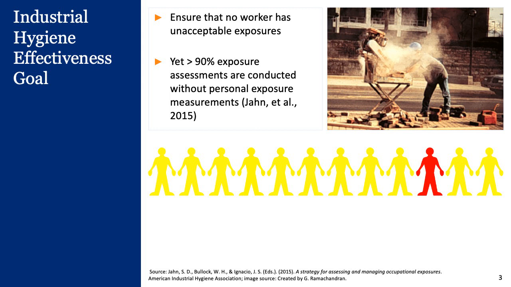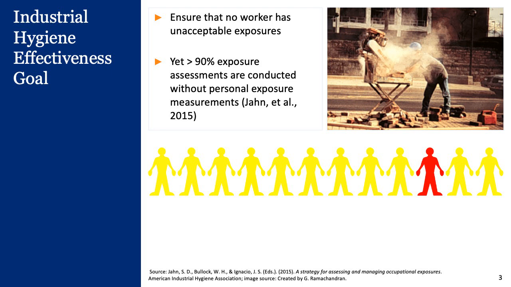So just to recap a few things, if you remember, what is the goal for industrial hygiene effectiveness? The goal is essentially that we need to ensure that no worker under our care has unacceptable exposures, but we recognize that we need to achieve this goal even though 90% or greater of exposure assessments are conducted without the use of personal exposure measurements.